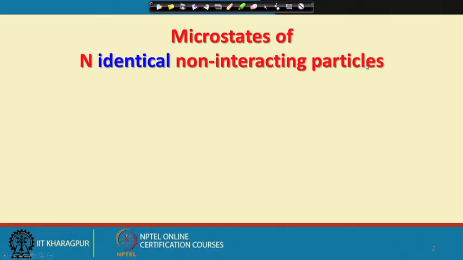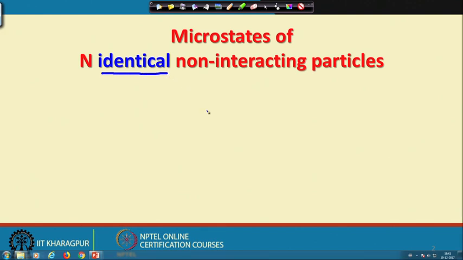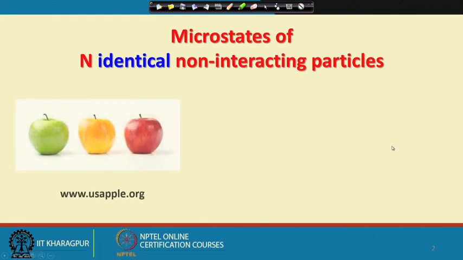microstates of a system which is comprised of n non-interacting particles as before, but now we have taken up the problem of using n identical non-interacting particles. So, let us go ahead and see what we can do with these identical non-interacting particles.